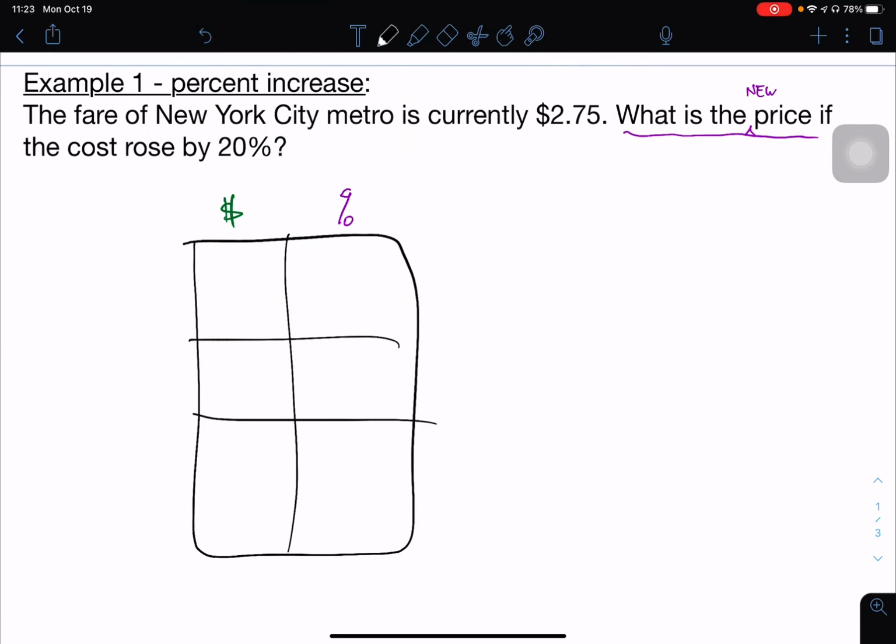Remember, we need 4 items for a proportion. Remember, it's the whole A over B equals C over D. So we need 4 items.